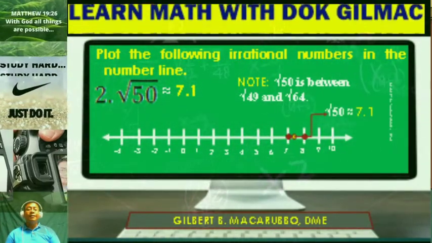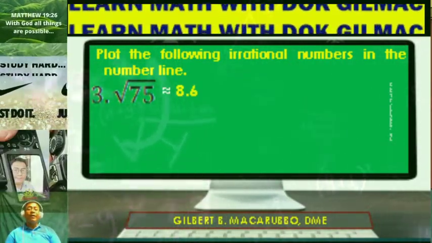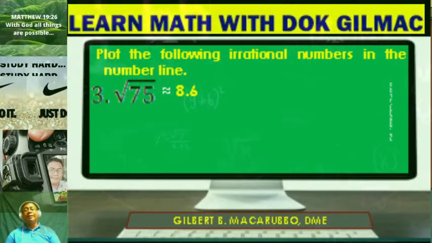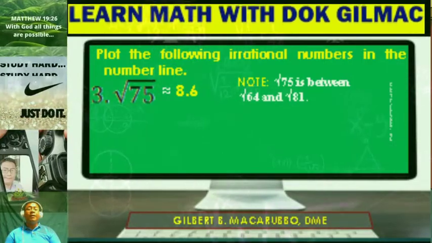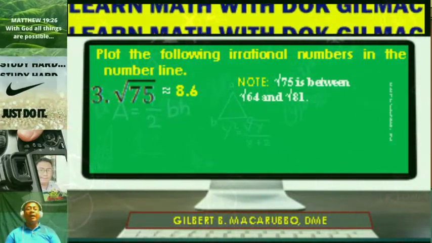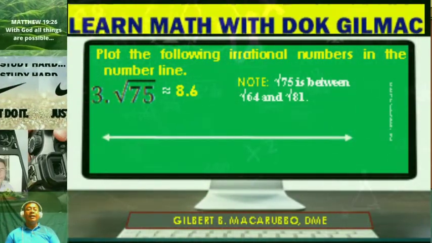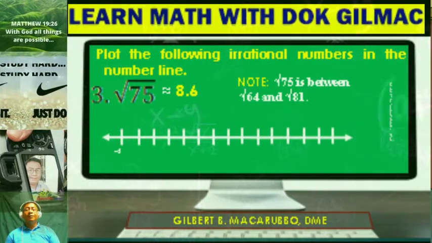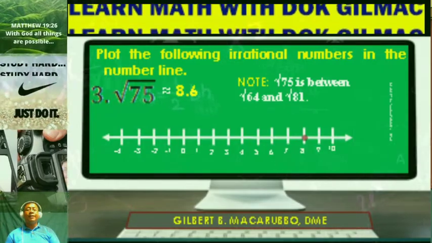Okay, let's have number 3. Square root of 75 is approximately equal to 8.6. Take note, square root of 75 is between the square root of 64 and square root of 81. Consider again the real number line here, class, from negative 4 up to positive 10.